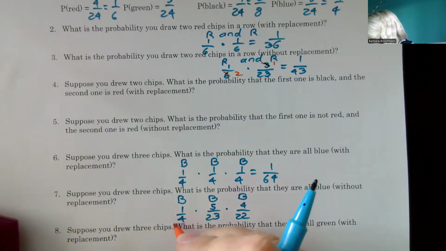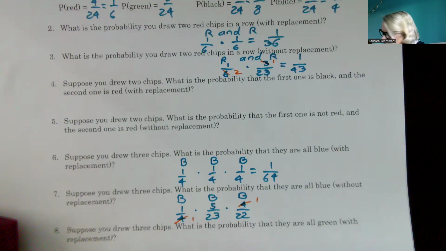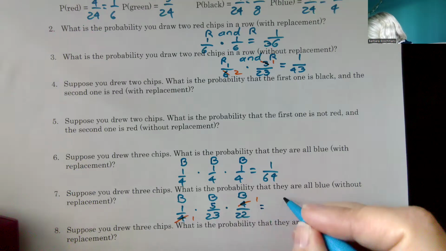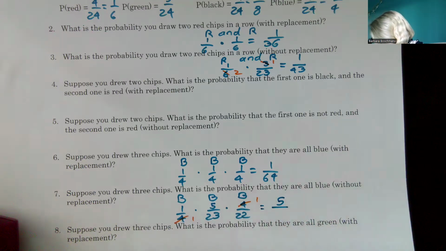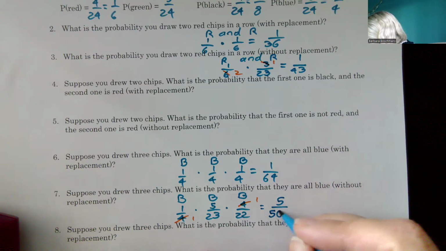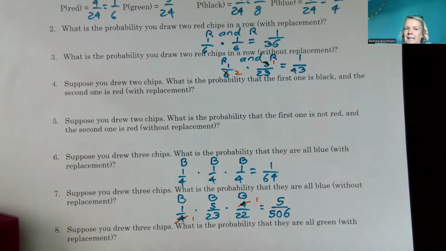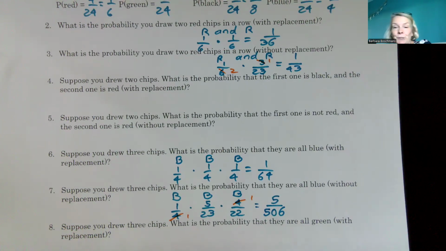Let's see, 4 goes into 4 once. I'm going to simplify that first. So I get 5 out of 23 times 22 is 506. And we leave that. And then again, I think we can do number 8.